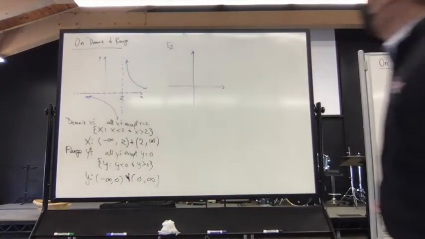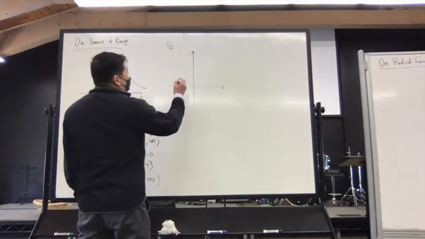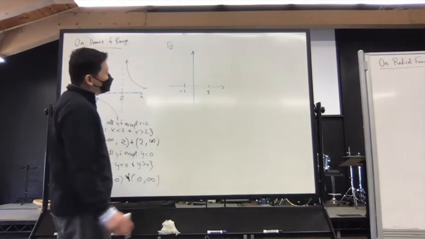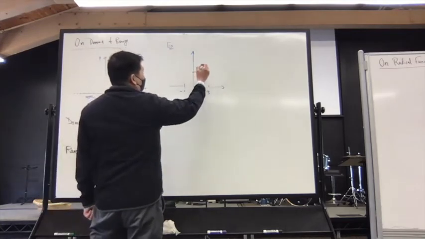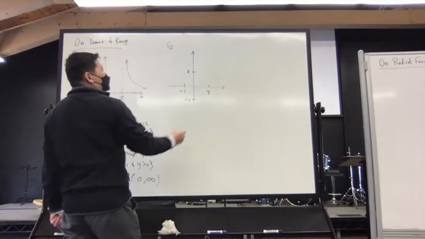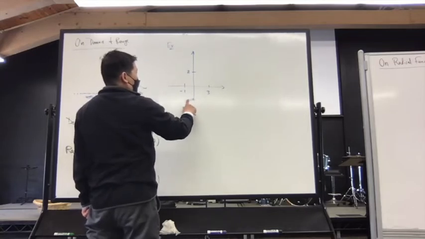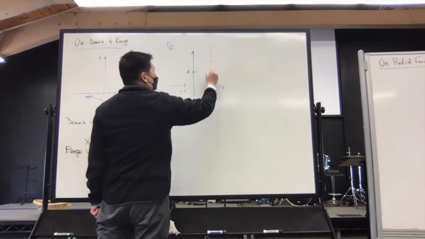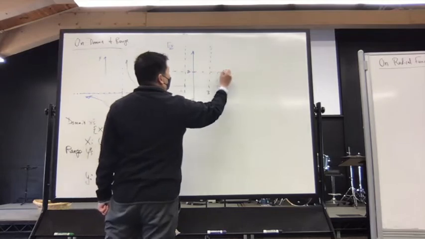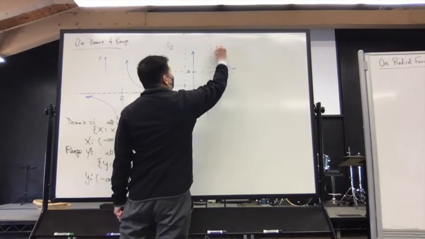Let's make it up: negative 1, 3, and just 2. So we have an asymptote here, an asymptote here, an asymptote here, and I have a graph here.